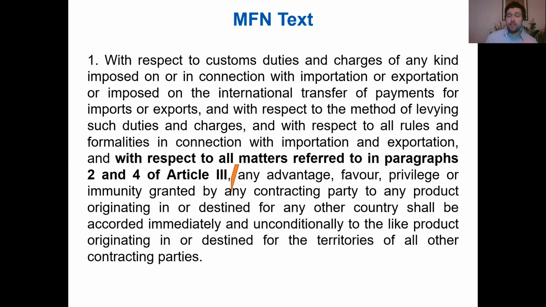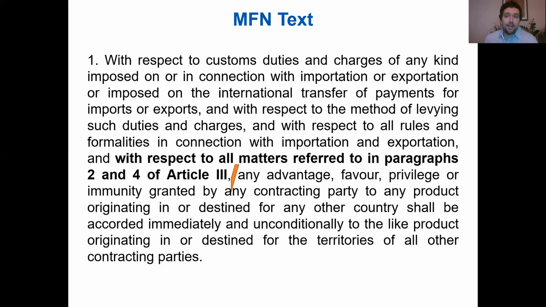Because here we see that there is a reference to Article 3, paragraphs 2 and 4. We do not really see here any reference to Article 3 as a whole. We do not see any reference here to Article 3.8. So we need to understand, in order to answer this question, whether EC can keep those subsidies or whether EC needs to remove those subsidies as soon as possible.